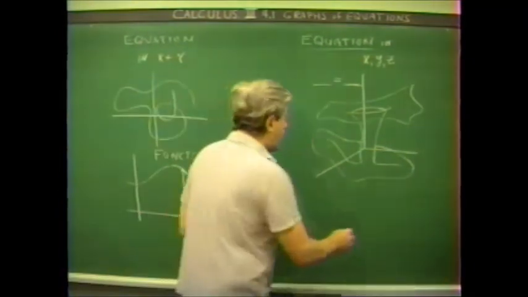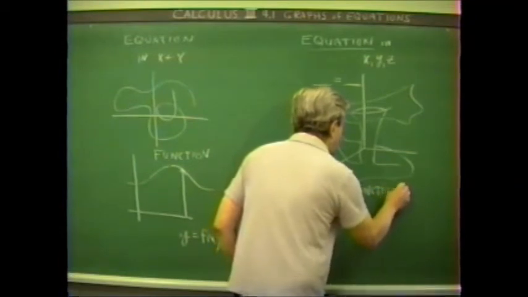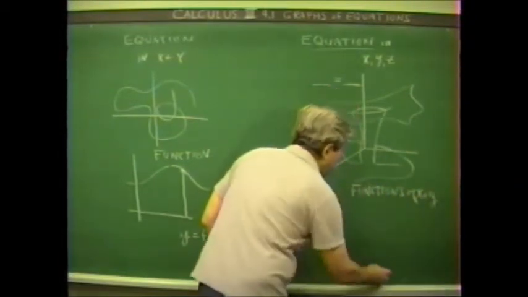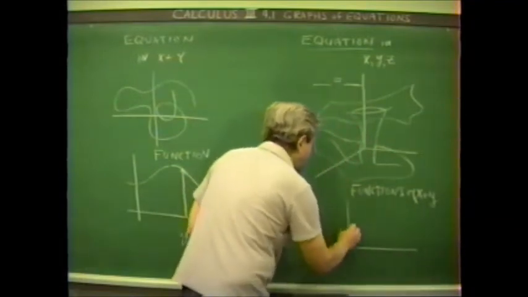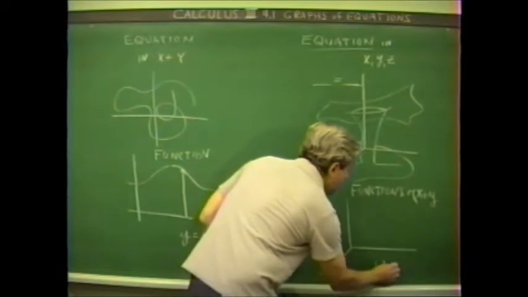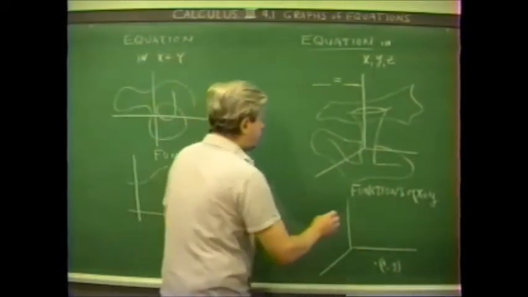We're also going to want to look at functions of x and y. And such a function will have, for each point x, y, the equation z equals f of x and y.